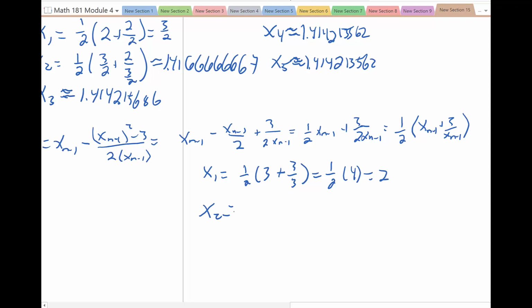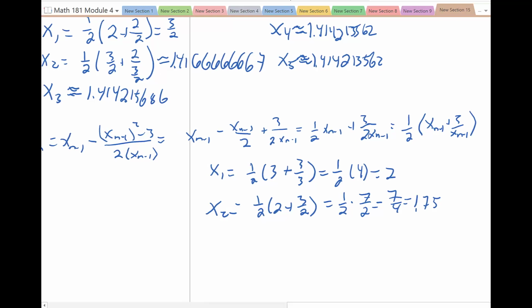Our x sub 2 is going to be 1/2 of 2 plus 3 over 2, which would be 1/2 times 7/2, which is 7/4, which is 1.75. And I think you can see, if you know the square root of 3, it's starting to get closer to it. Okay, that's all they wanted for that.